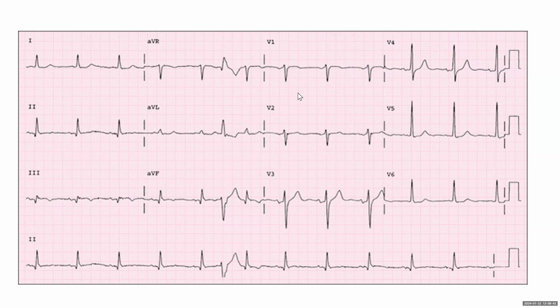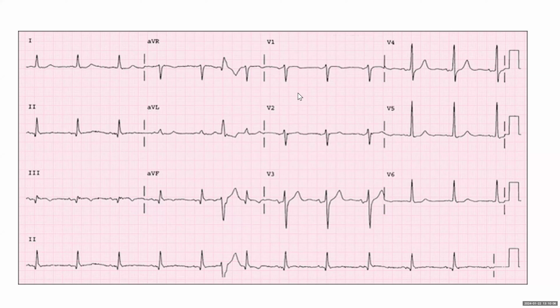Interpolated PVC. Excellent. And what's the definition of that? When do we say PVC is interpolated? Because it's one of the codes. Not sure why it's there, but it is. So when do we call it? Does not interrupt.